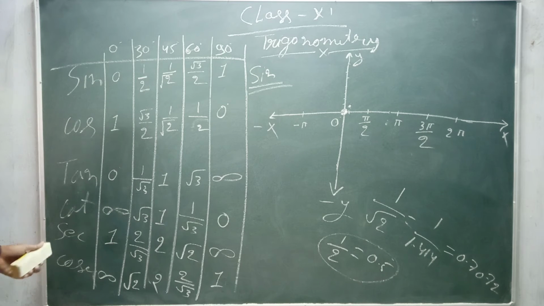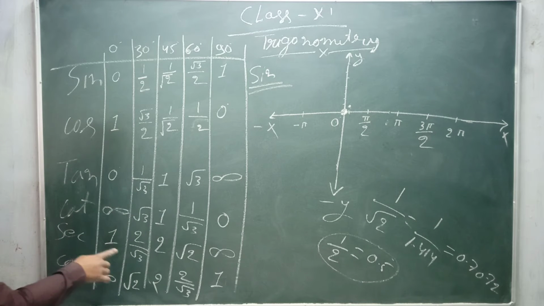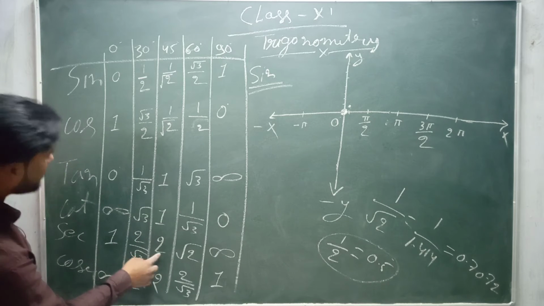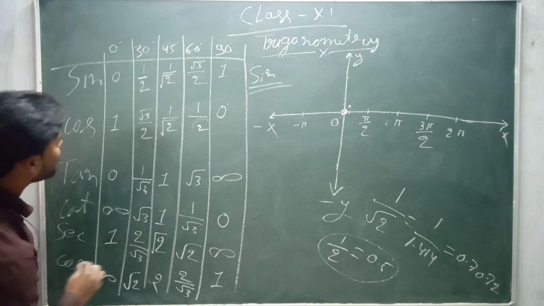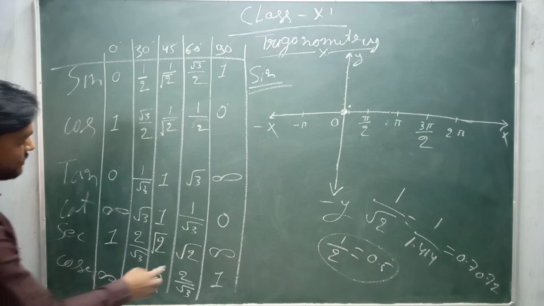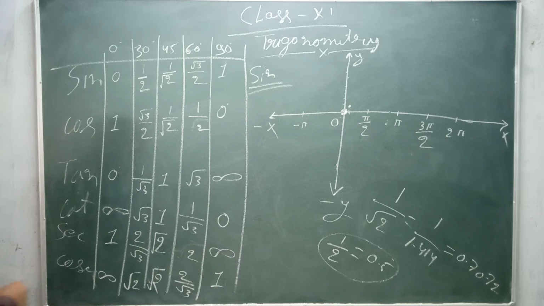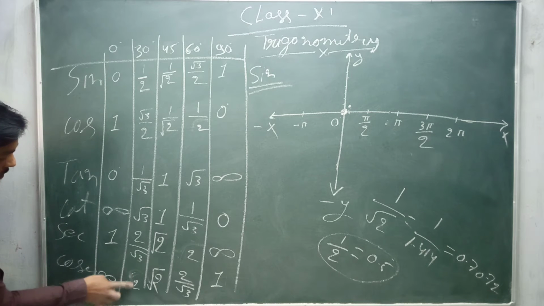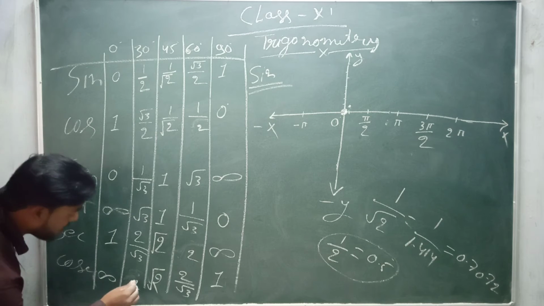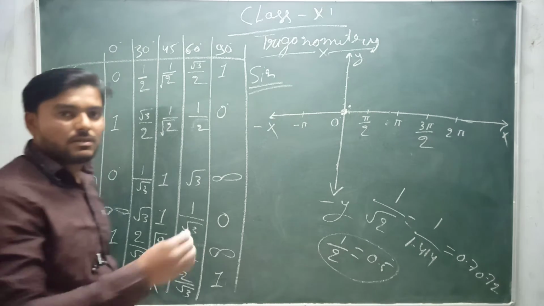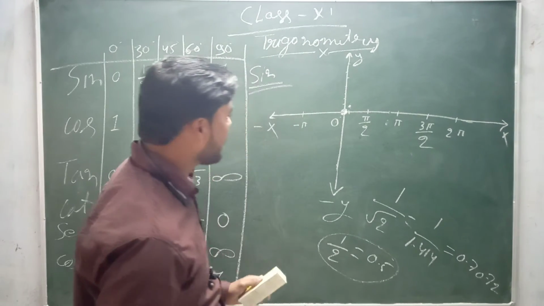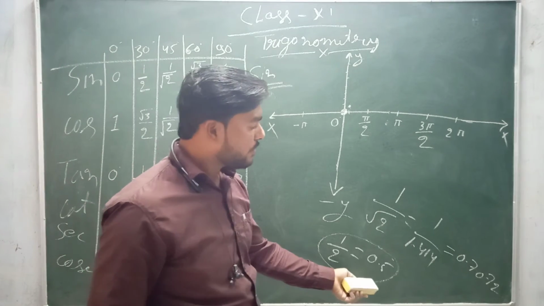Corresponding in this set, root 2, root 2, this will be 2, and this will be cosec 2. There was a silly mistake. Now 1 by 2 equals 0.5.